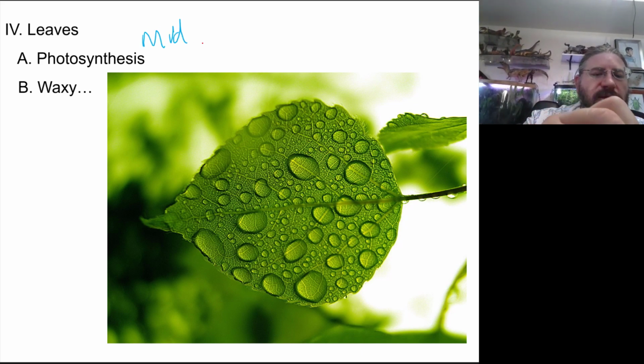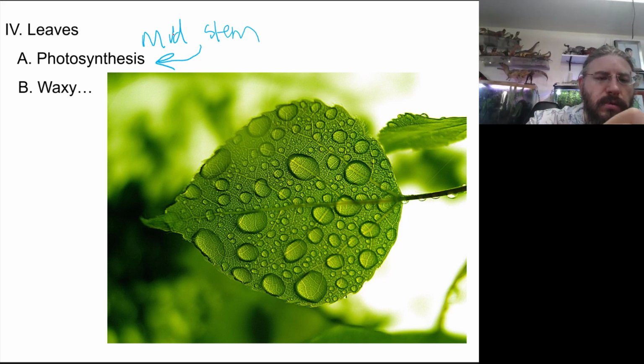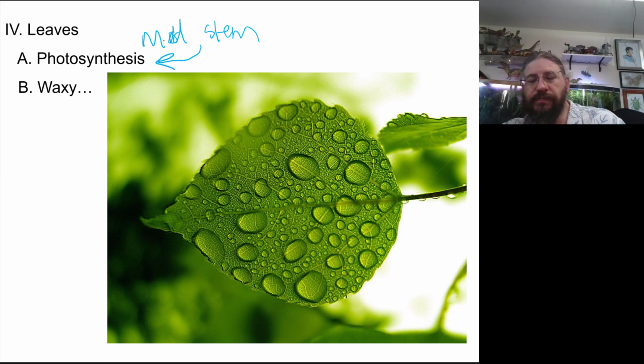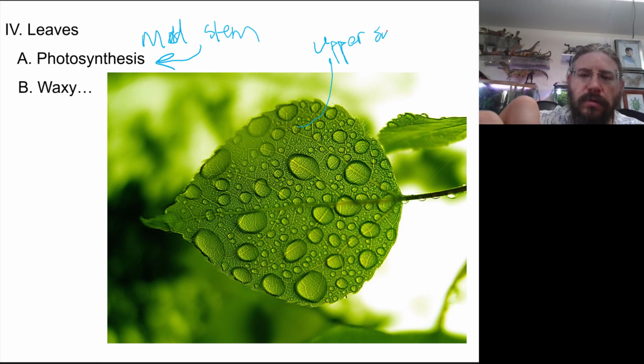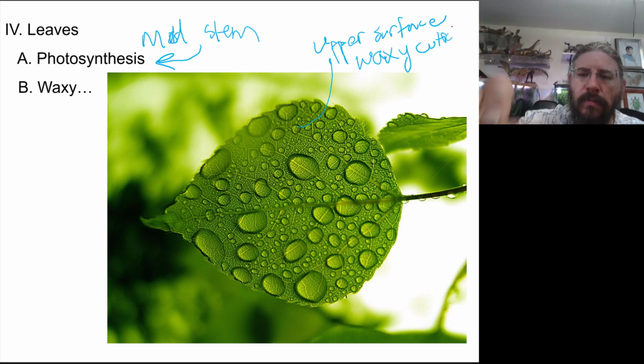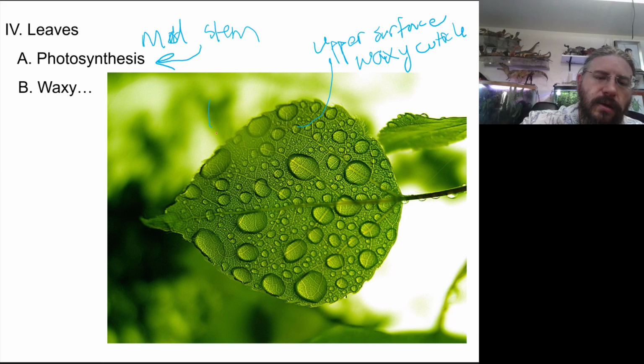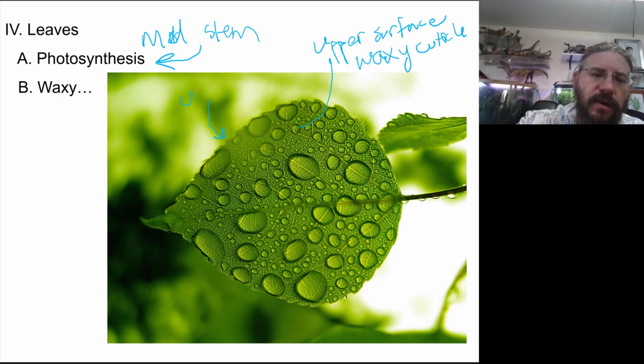So modified stems for photosynthesis. They are characterized by having a waxy cuticle on the upper surface, and then the underside is where we find all our stomata.